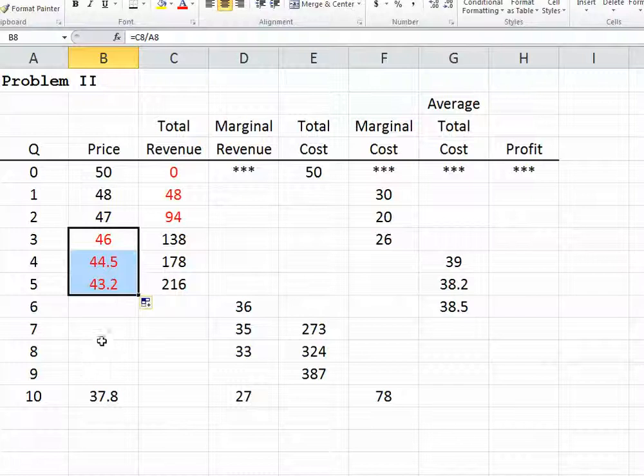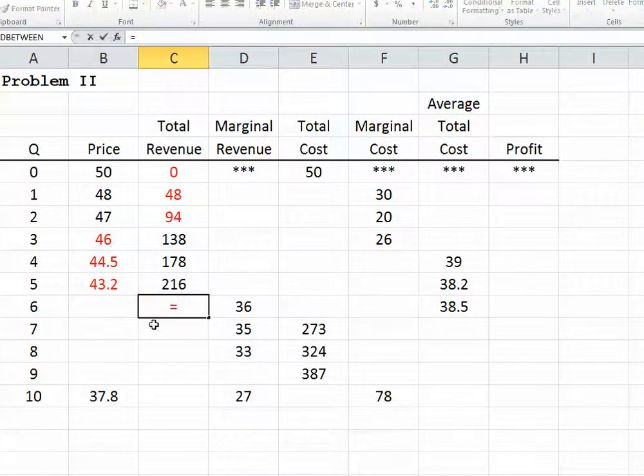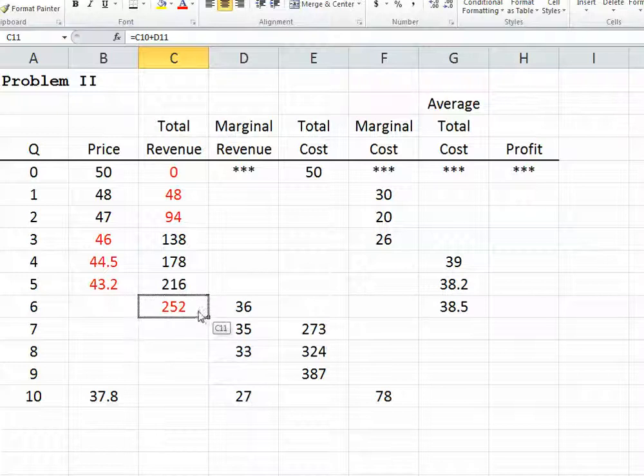And then for these, let's do it from total revenue, it's easier. You're given these marginal revenues, and so you know that marginal revenue is just the extra revenue that you got when you sold the last one. So this cell right here would just be the total revenue from before plus the extra revenue that you got, and that will give us these three cells right here.